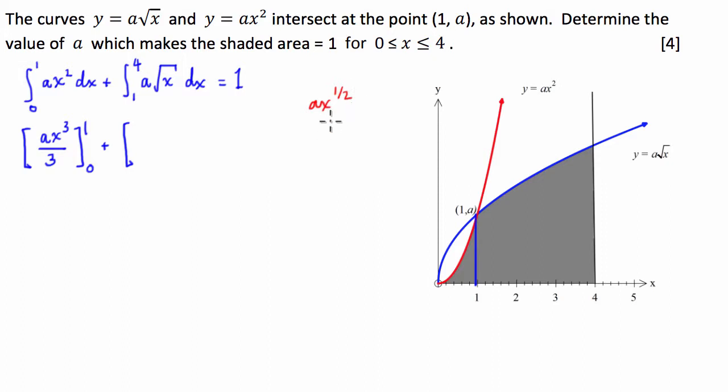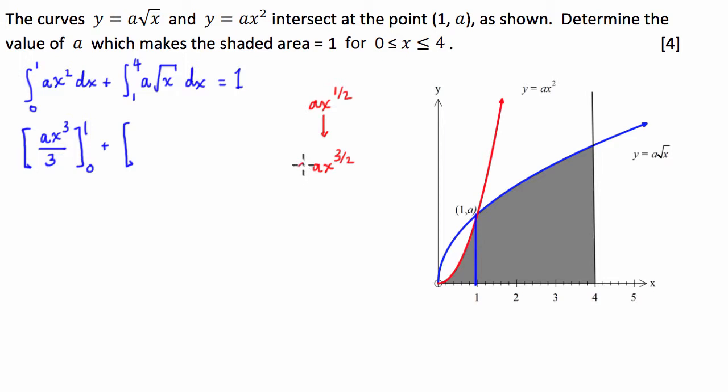So if we're going to integrate this, we raise the power of the x by 1, and we get ax to the power of 3 over 2. To make sure that when we differentiate we get just a coefficient of 1 out the front, we're going to multiply this by the reciprocal of this new power, which is 2 over 3.